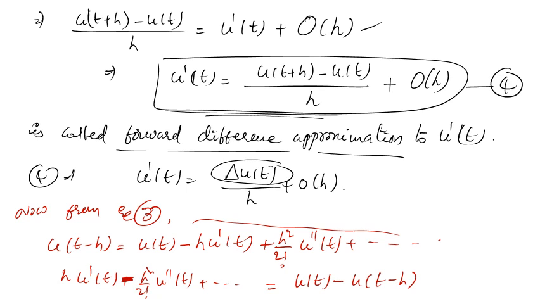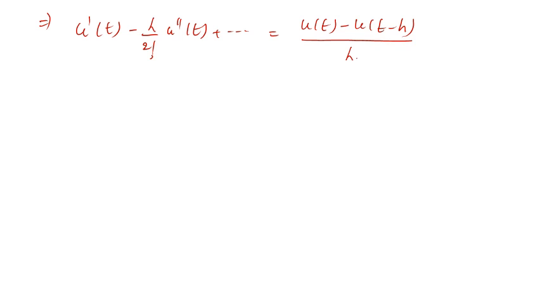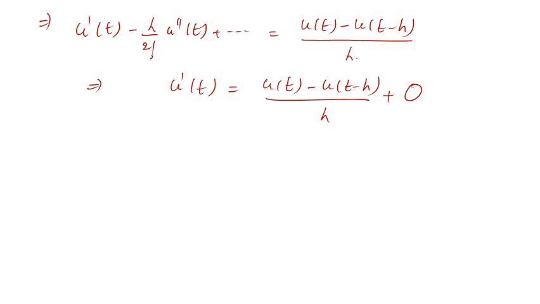Take h common: u dash t minus h by factorial 2 u double dash t and so on is equal to u of t minus u of t minus h whole by h. So one can write u dash t equal to u of t minus u of t minus h by h plus order of h.